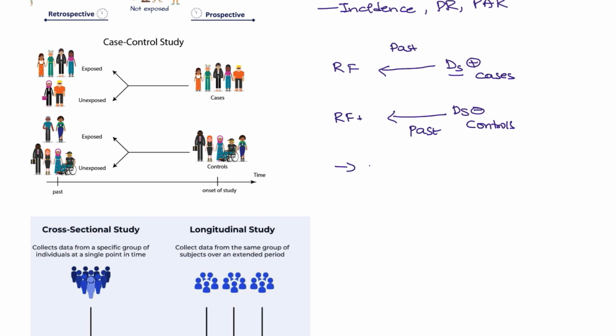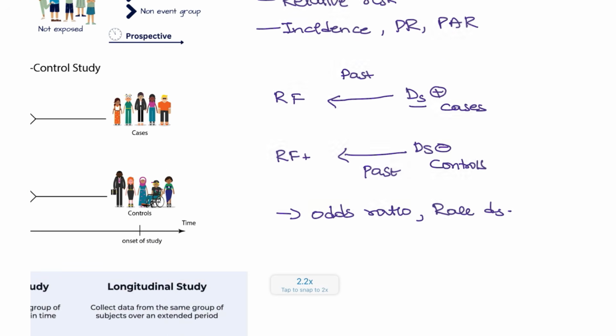And here you are going to calculate the odds ratio, and it is used for rare diseases. For example, let's say COVID-19 was seen in Wuhan. What we have done is we have gone back and checked what happened to that patient. That is the factor you check in case control studies.